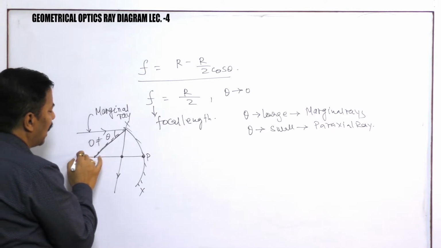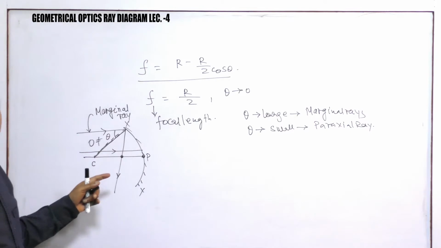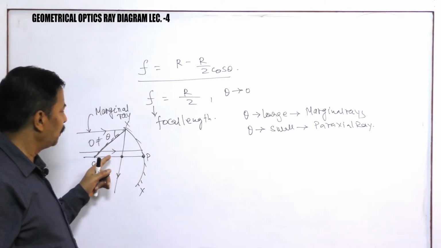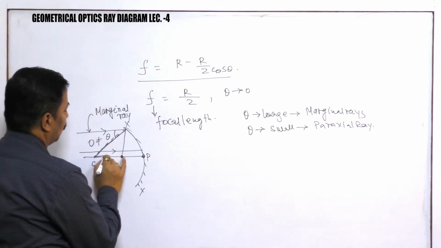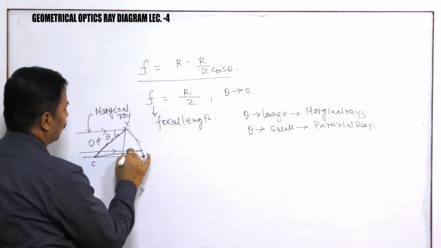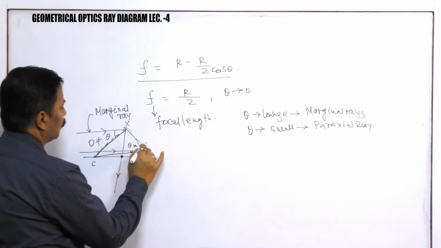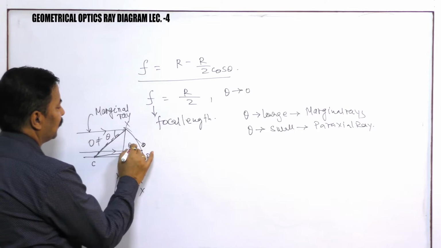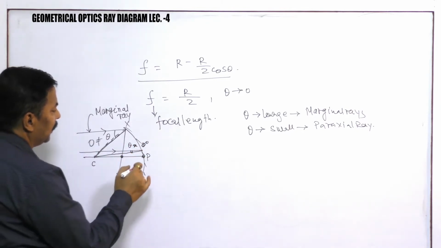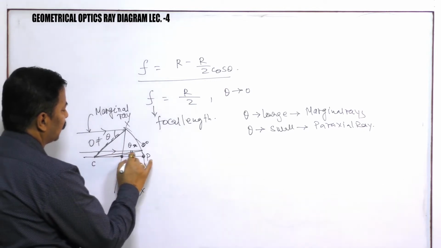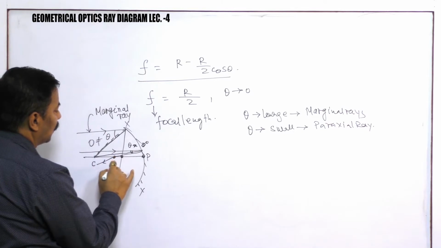And on the other hand, if I take this ray which is near to the principal axis, then you see here the normal will be something like this, and theta is nearly equal to 0 degree. Then it will pass through a longer distance, and this point is giving you the focus.